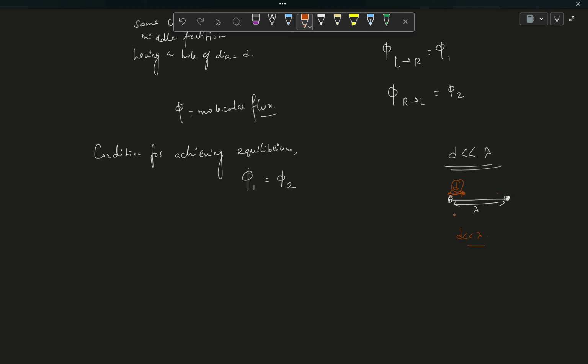So this is simple flux transfer, as if nothing is colliding with anything or nothing is blocking. This is to ensure that nothing is causing any block or restriction while the molecular flux is passing through that hole. That assumption ensures the simplicity of the problem. So this is for simplifying the problem.